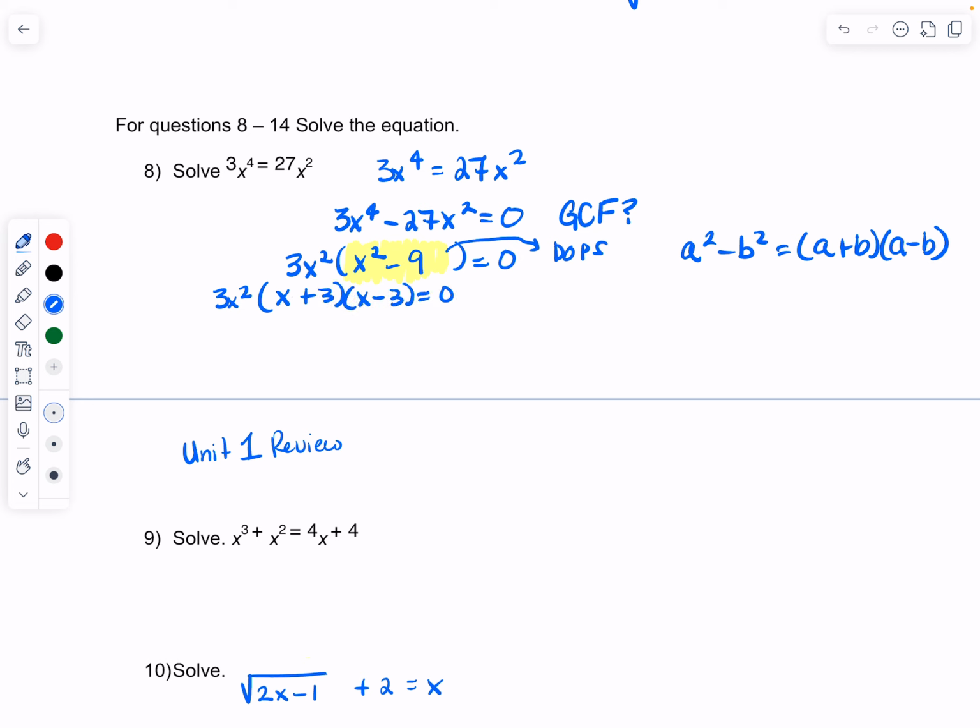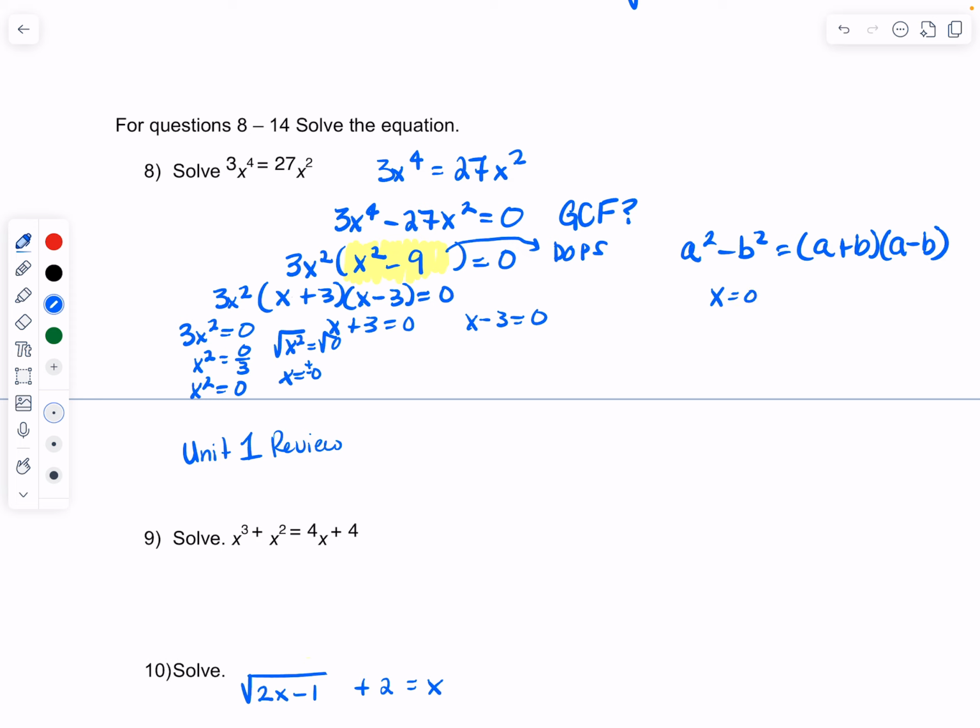Now my next thing is I have to set everything equal to 0 and solve it. Okay, so if I divide both sides by 3, I get x squared equals 0 over 3, which is just 0. Taking the square root of x squared, square root of 0, 0, I get x equals 0. And you're actually saying plus or minus, but it doesn't matter. Okay, so I have 2 values, x equals 0.